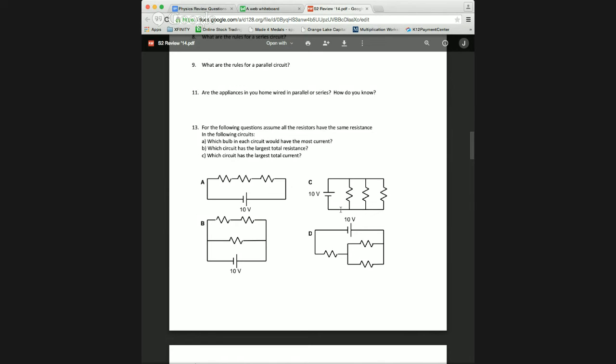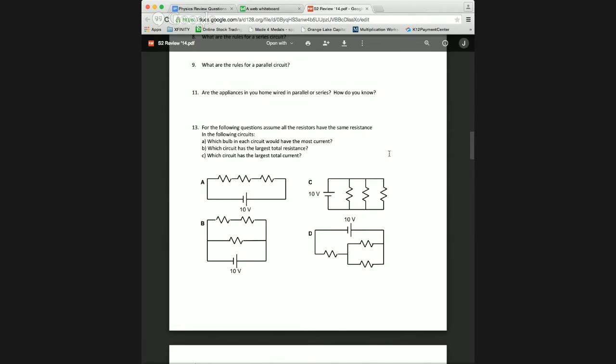So if we go through and talk about the current, for A, all of them have the same current because they're in series, right? In C, all of them have the same voltage because they're in parallel.